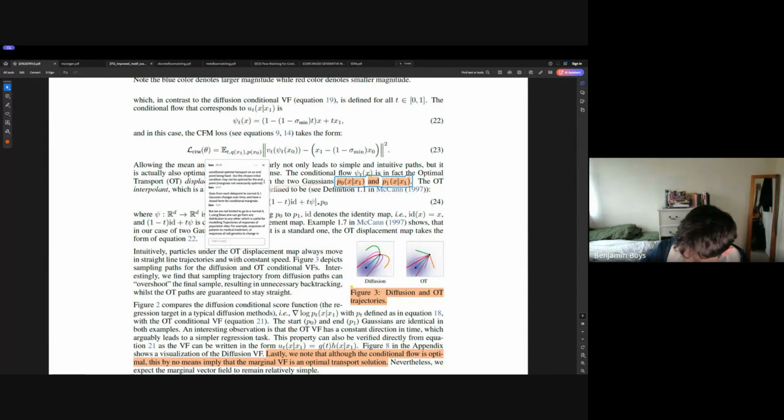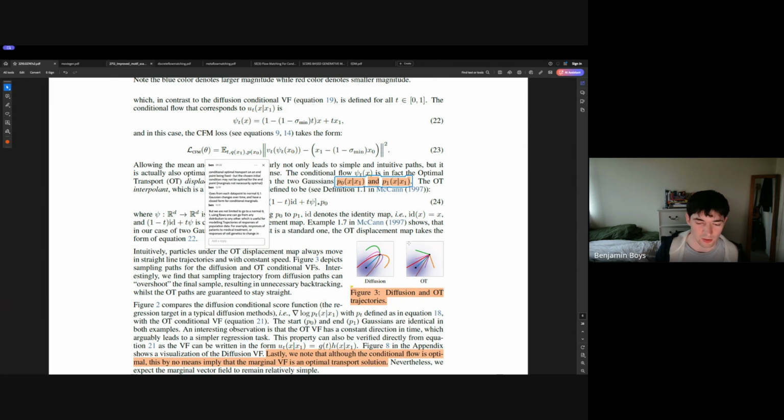But at inference time, the paths are not straight, because at inference time, you're using not the conditional vector field, but the marginal vector field to solve the ODE. And so although it was optimal in the training for the conditional vector field, it's not optimal in the marginal vector field. So the paths are not straight at inference time.